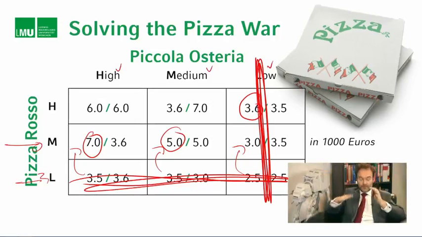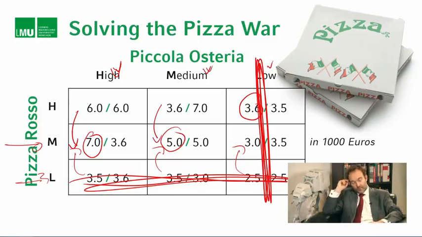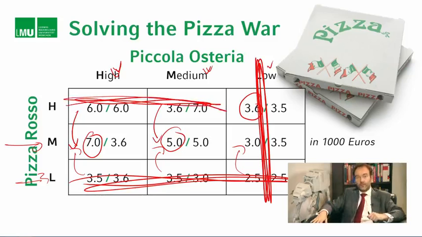Once we've simplified this game, let's now have a look again. If Piccolo Osteria charges a high price, we've already figured out that it's better for Pizza Rosso to charge a medium price than a high price because 6 is less than 7. If Piccolo Osteria charges a medium price, then it's better for Pizza Rosso to charge a medium price than high, which means that here charging a high price is dominated again.